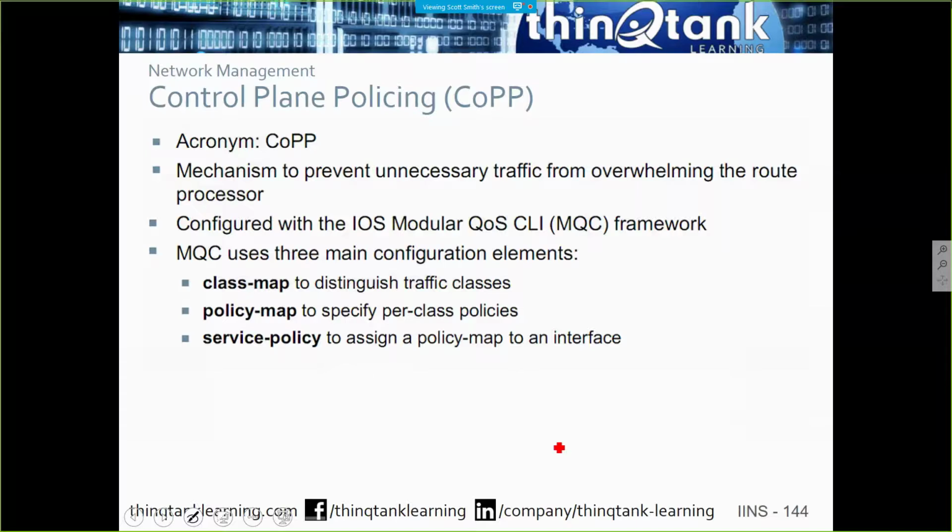Control plane policing, or CoPP, allows us to prevent unnecessary traffic from oversubscribing or overutilizing the CPU. Right? We use something called the Cisco IOS Modular Command Line Configuration, or what we call MQC, Modular QoS CLI.